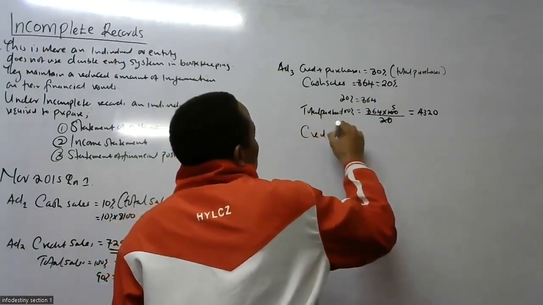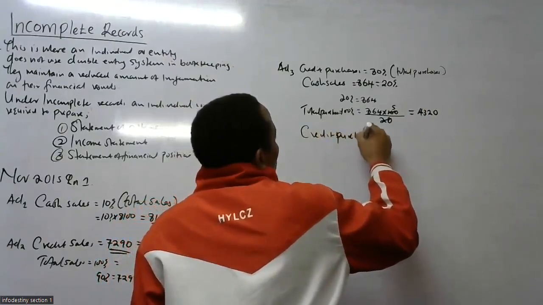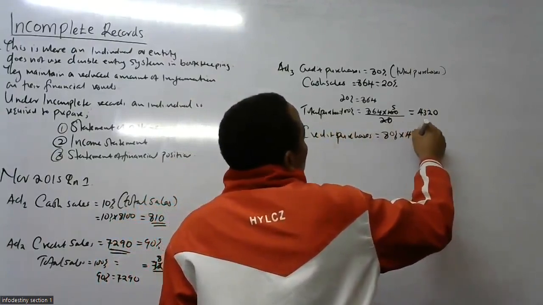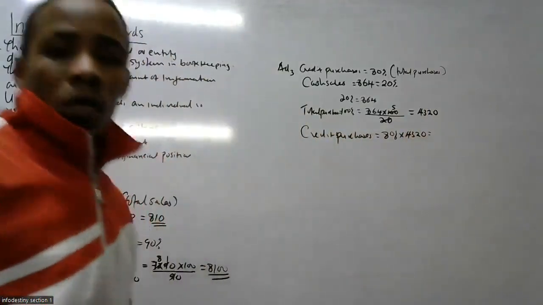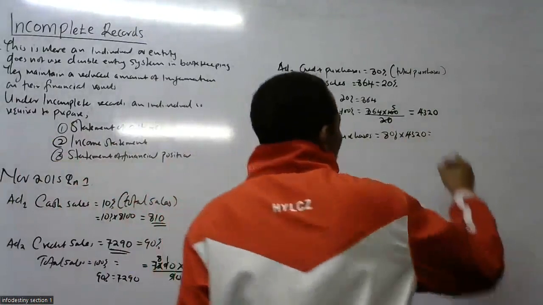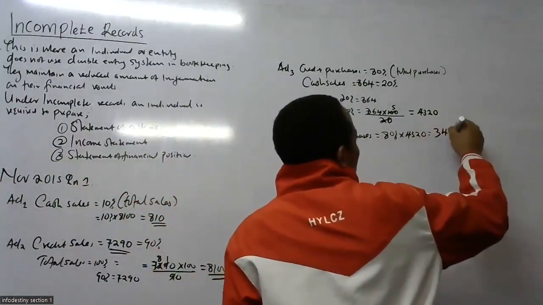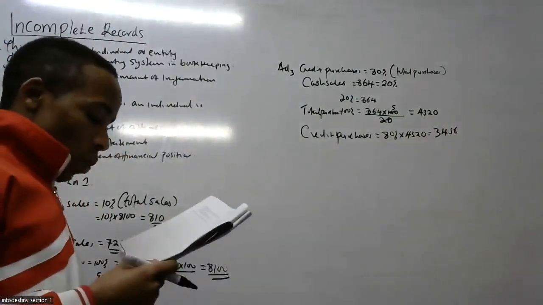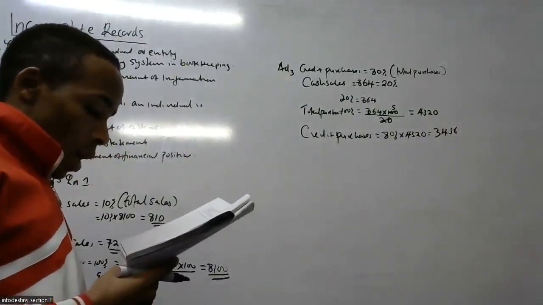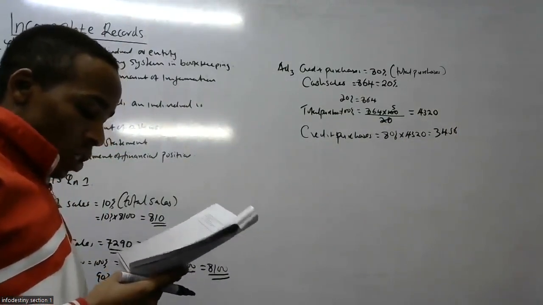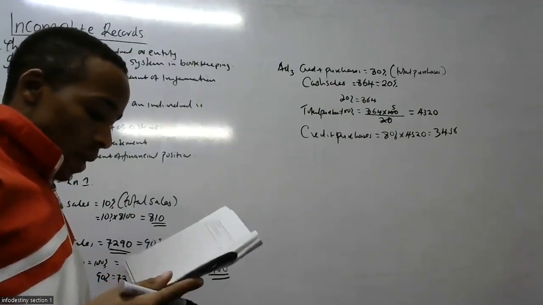That means the credit purchases will be 80% of 4320, which is 3456.